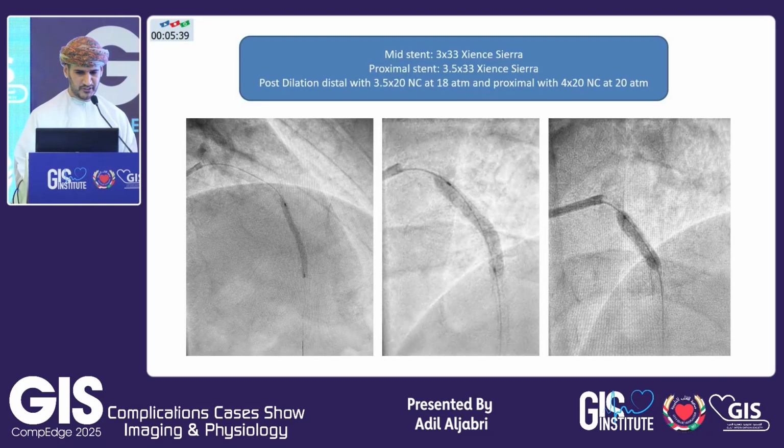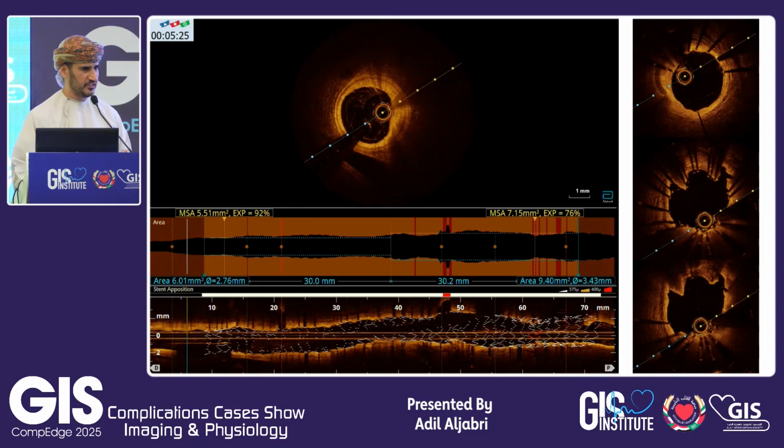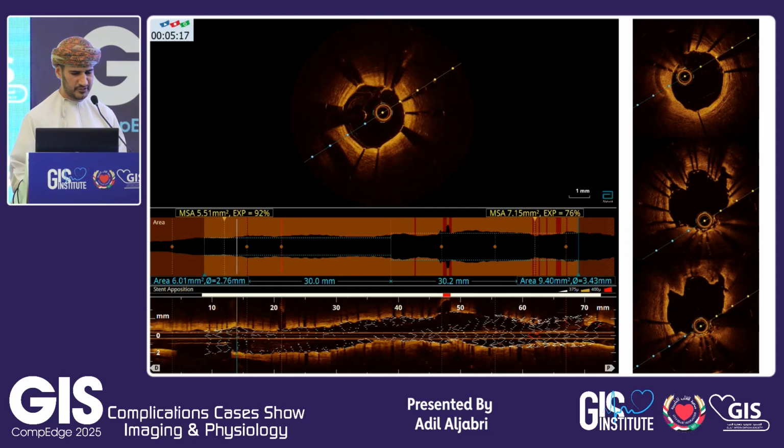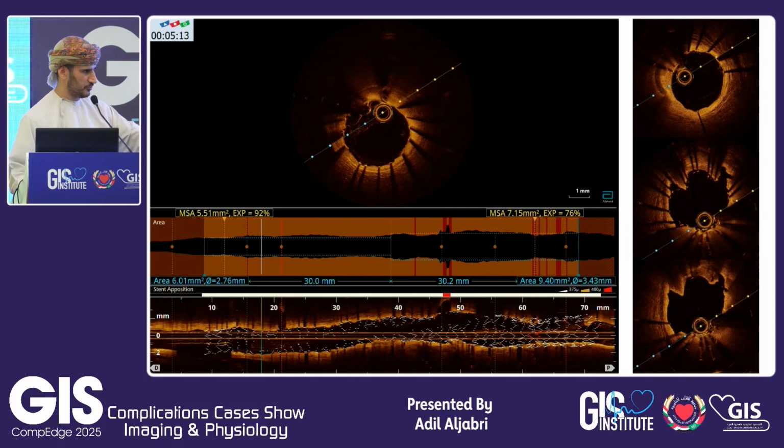So this is what we did. We ended up putting 2 overlapping stents and then post-dilated with 4.0/20 NC at 20 atmospheres. And this is the final result. So basically, as you know, we do OCT in this case just to see if the stent is expanded well, which is a very important predictor for the long-term outcome, as well as if there is any edge dissection, either distally or proximally.